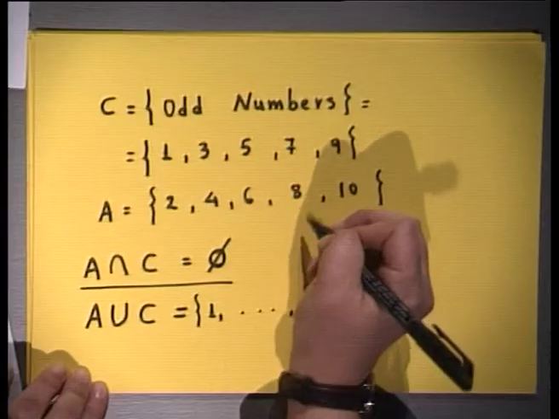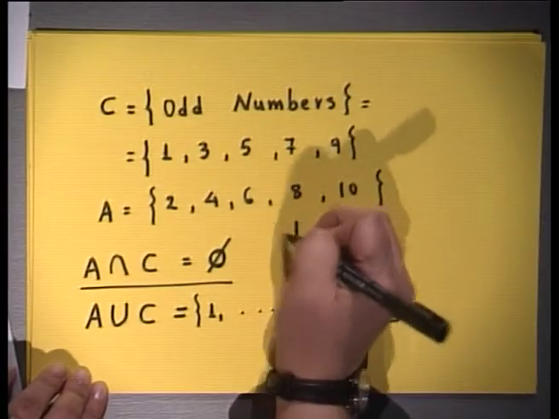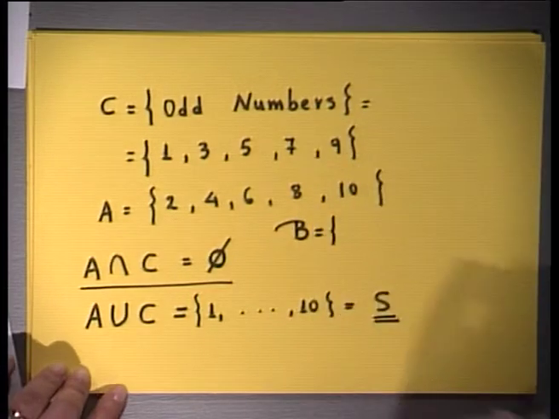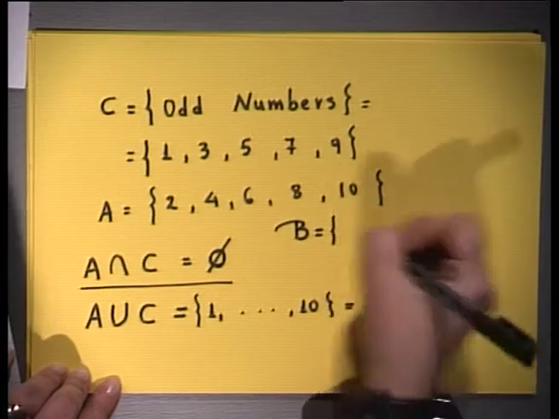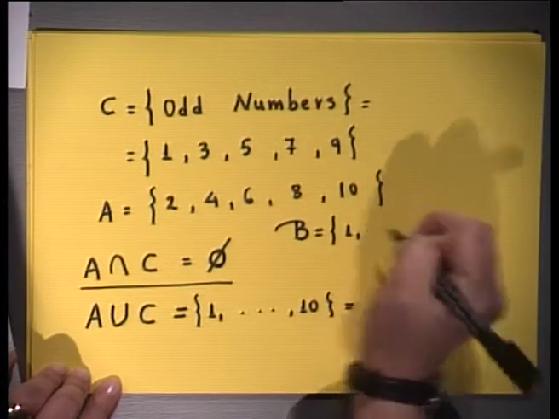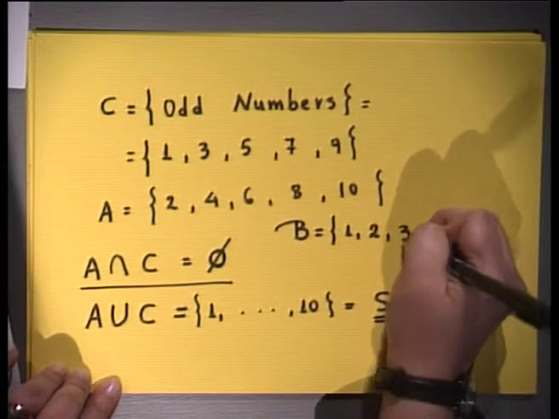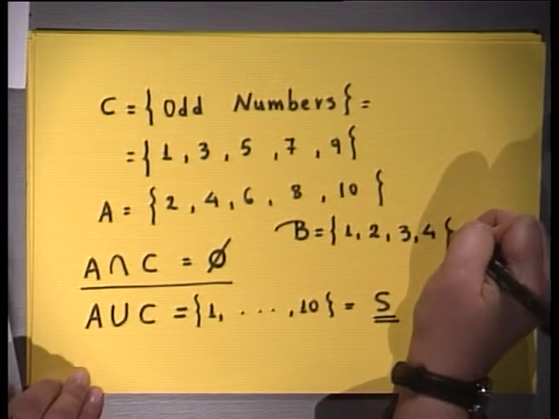If I go back, I remind you B, which was numbers less than 5. I write here B is the elements 1, 2, 3, and 4.